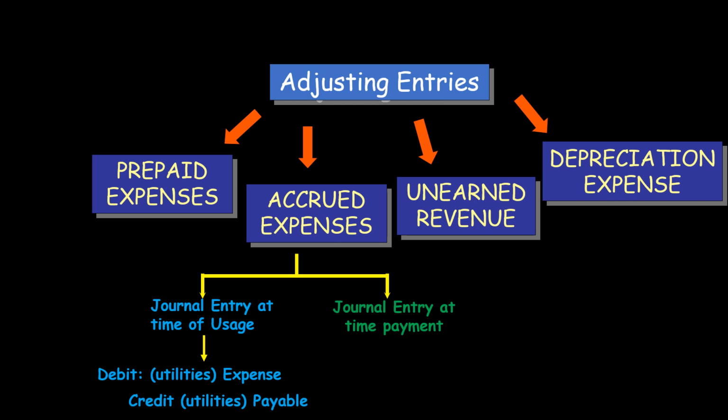So it will be credit utilities payable. And at the time of payment, we will credit cash and debit our liability payables. So this was an overview of accrued expenses.